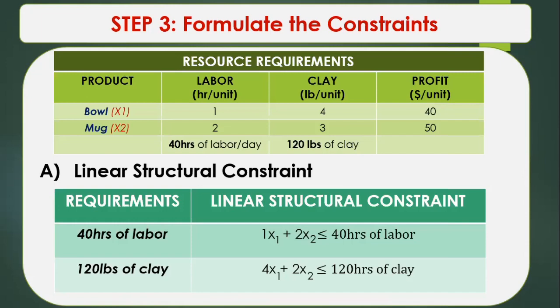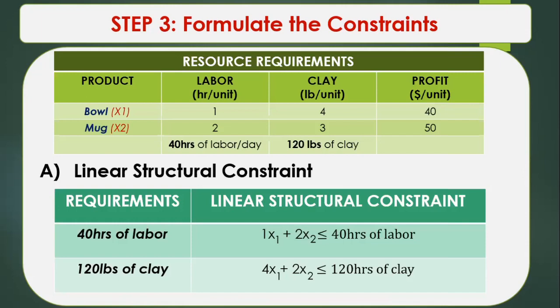Remember, we only have two products, correct? We have product X sub 1 and product X sub 2. Now, the utilization of labor hours and the weight of the clay should not exceed our available capacity.